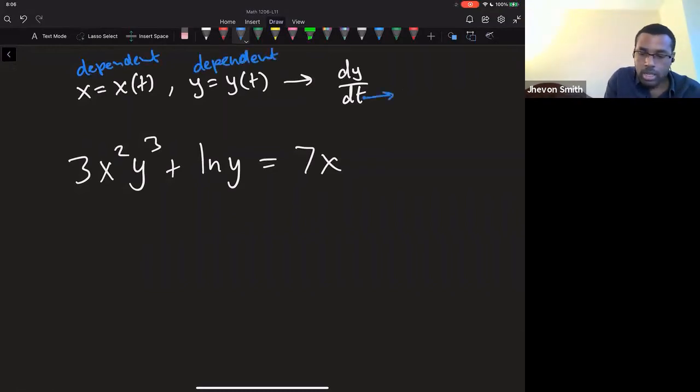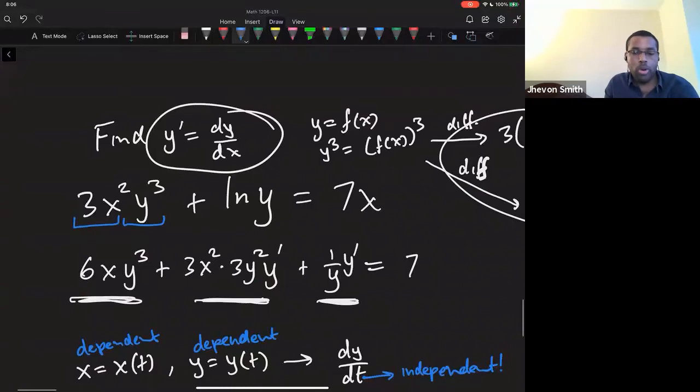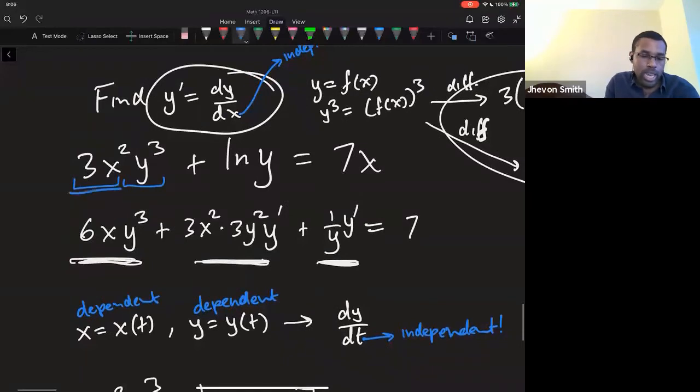And the t is your independent. Up here, remember, your x was the independent. So when I differentiated the x term, what happens? I didn't do anything extra. I just applied the derivative rule. But if I differentiate a y term, I have to multiply by y prime because that guy is dependent. And there's an inside function there. So he needs the prime.